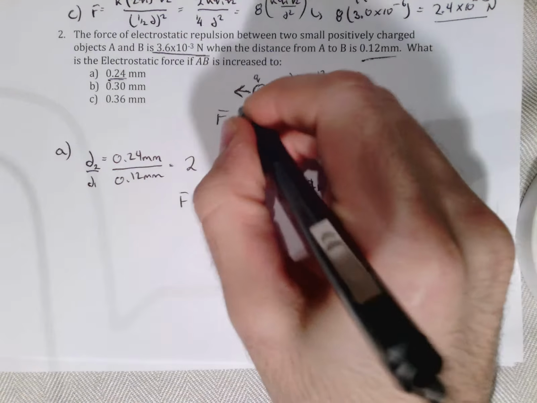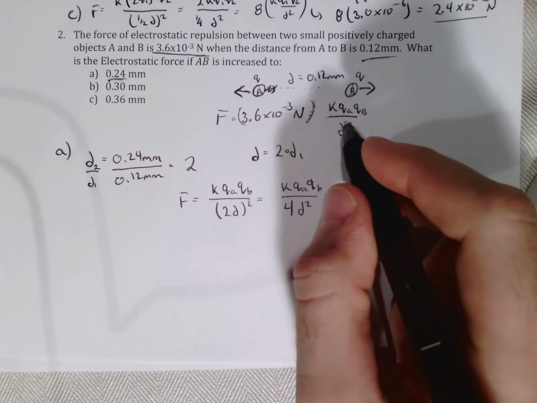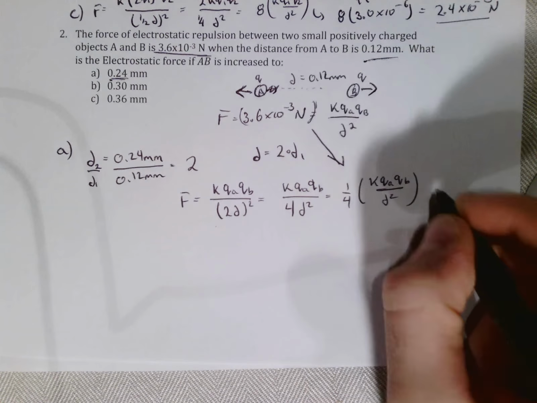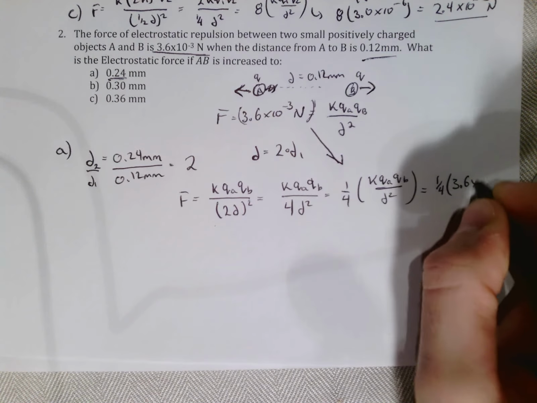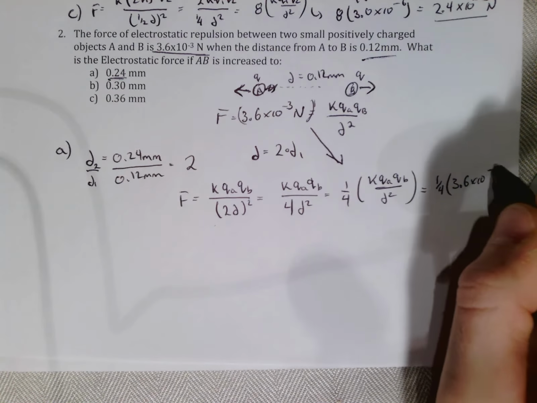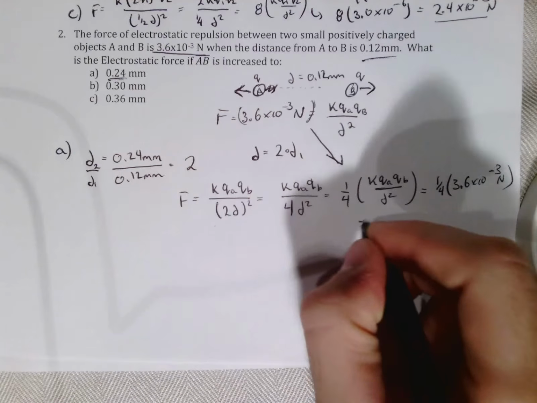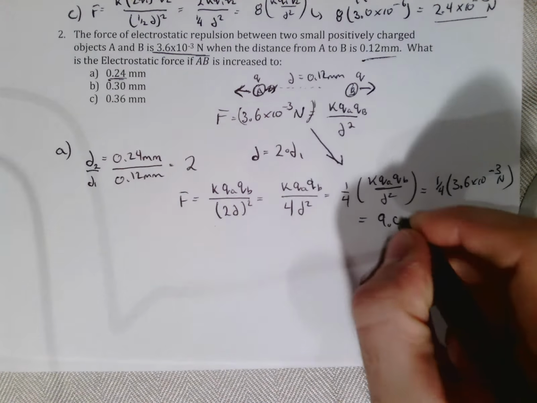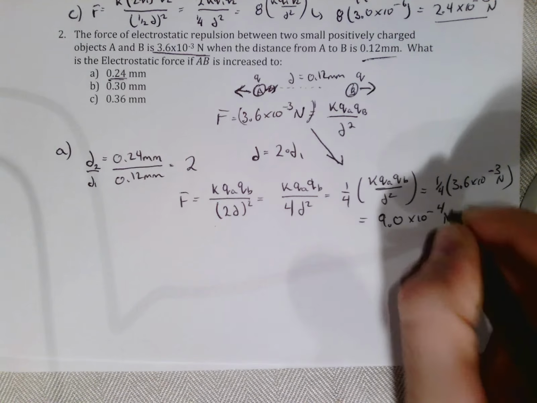And we've already learned that's equal to 3.6 times 10 to the negative 3 newtons. So I can put that right in there: 1/4 of 3.6 times 10 to the negative 3 newtons. My force can be calculated quite easily, and we find that it is 9.0 times 10 to the negative 4 newtons.